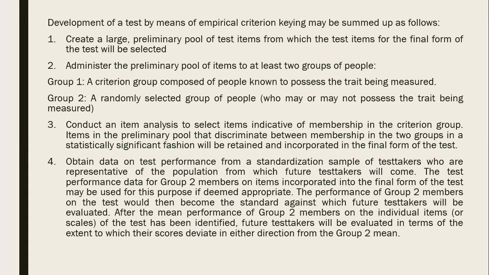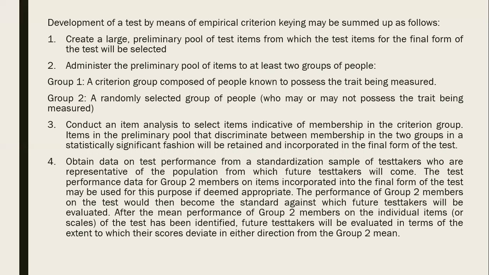Group one is a criterion group composed of people known to possess the trait being measured. Group two is a randomly selected group of people who may or may not possess the trait being measured. Third, conduct an item analysis to select items indicative of membership in the criterion group.